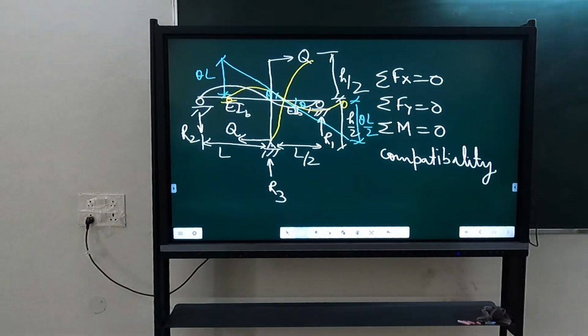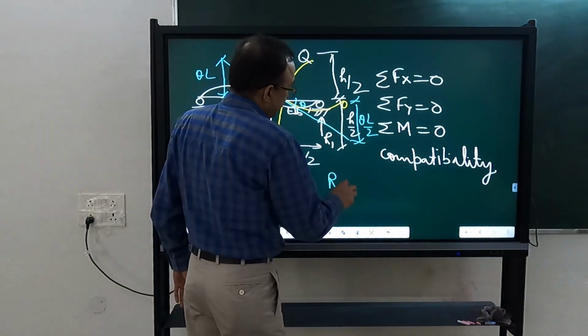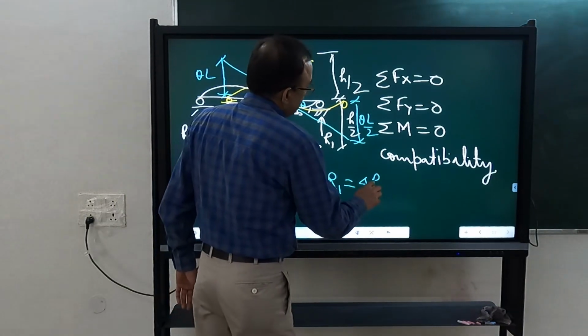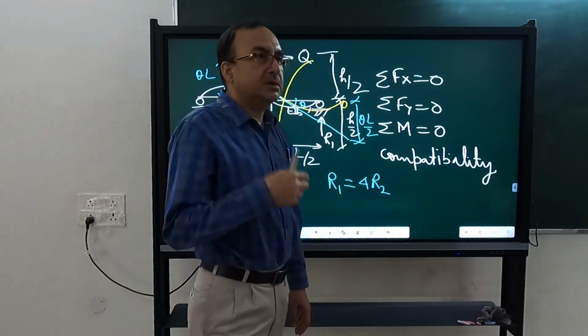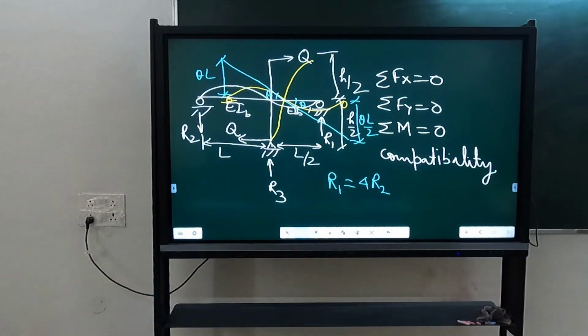I want R1 in terms of R2. Yes, 4 times. It's very simple. R1 will be 4 times R2 because the displacement is proportional to L cube, or if the rotation is same, it is proportional to L square.